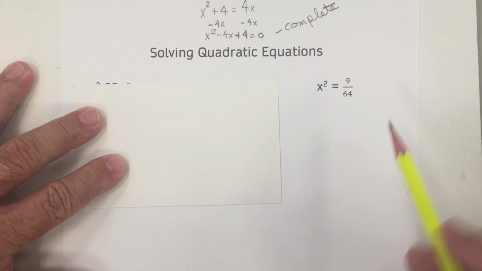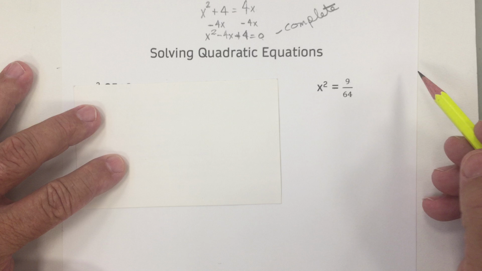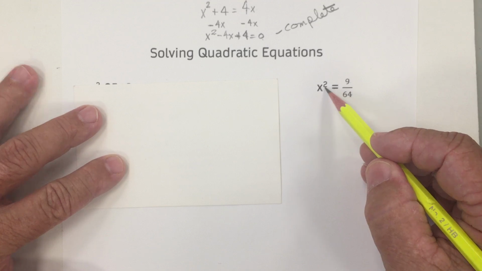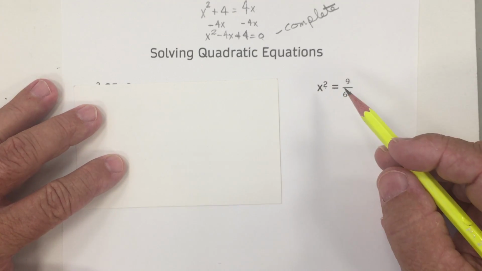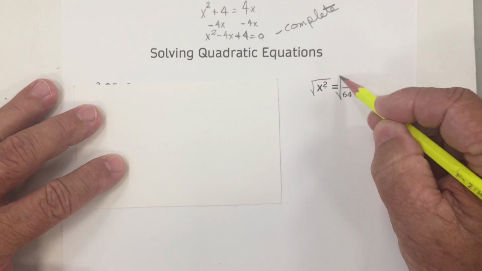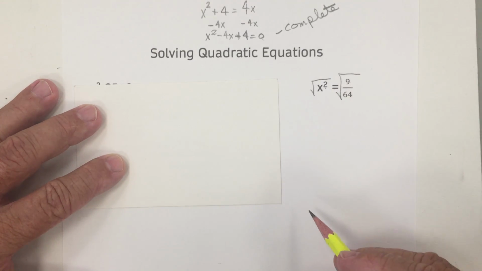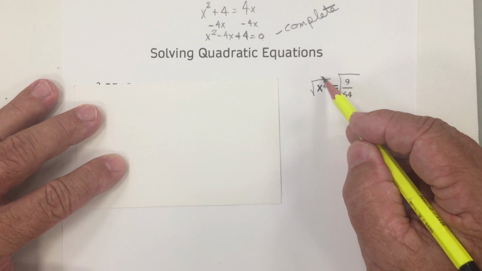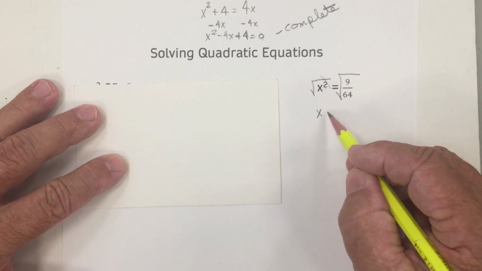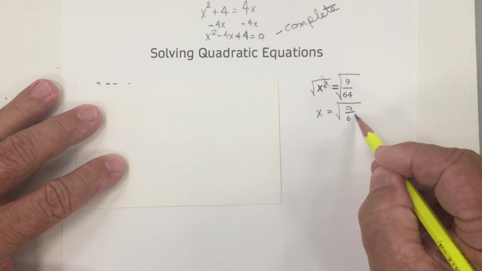We have x squared equals 9 over 64. Well, if we have a square, how do we eliminate the square? We go ahead and square root both sides. Now, I did the fraction because I wanted to show you this little part here. The 2 and the square root cancel out, so we have x equals the square root of 9 over 64.